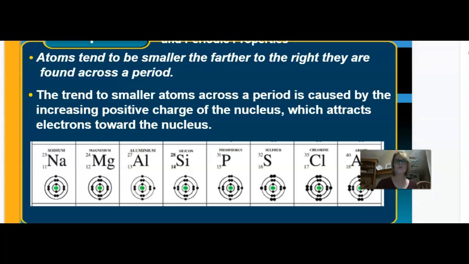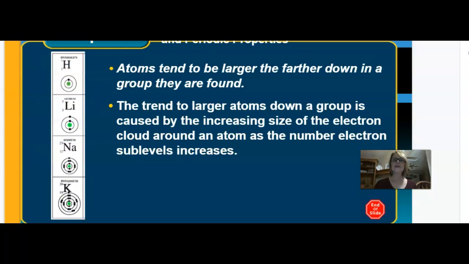And the last one is atoms tend to be larger the further down they go, and that trend is due to the increase in the size of the electron cloud. So now those electrons are getting further and further away, so the protons could care less because they're so far away. They're like, yeah, go ahead and go on. Okay, so that is my trend.